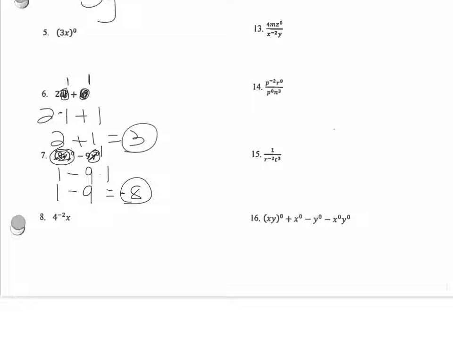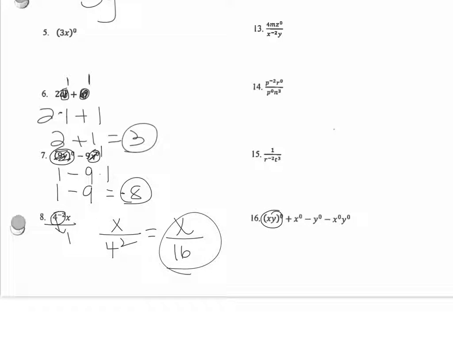If I look at number 8, my negative exponent has to be shifted down. So x is on the top, 4 squared is on the bottom. If I circle this, I'm losing points because I can clean up 4 squared, and I get 16. If we look over at 16, this all goes to 1, plus this all goes to 1, minus this all goes to 1, minus this goes to 1, times that goes to 1.